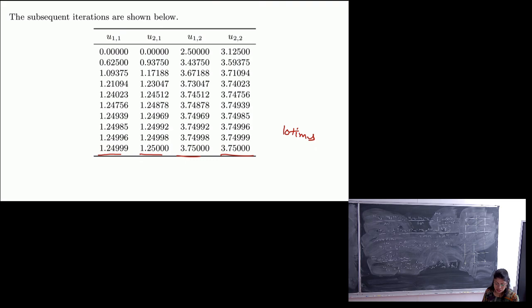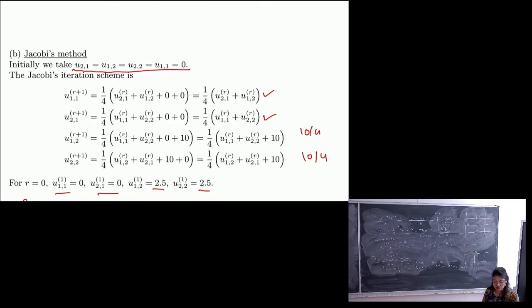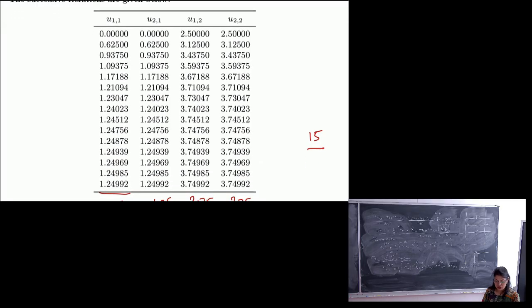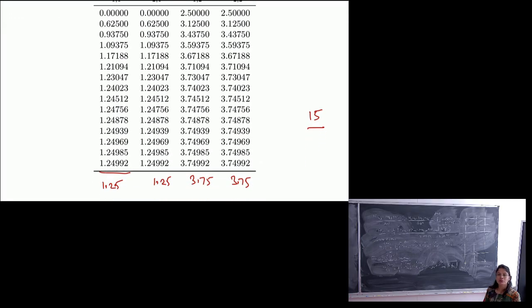So, this is the way we can apply iteration procedures to find the solution of your elliptic problem, and we can apply different iterations, and we should also observe that the more iterations we do, the nearer we go to the exact solution. Okay. So, here you see that we are approaching the exact solution.